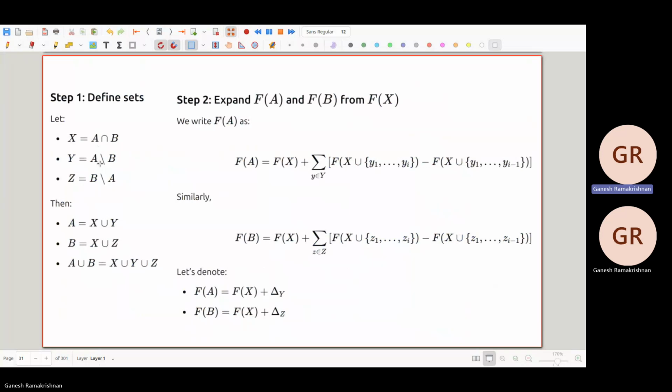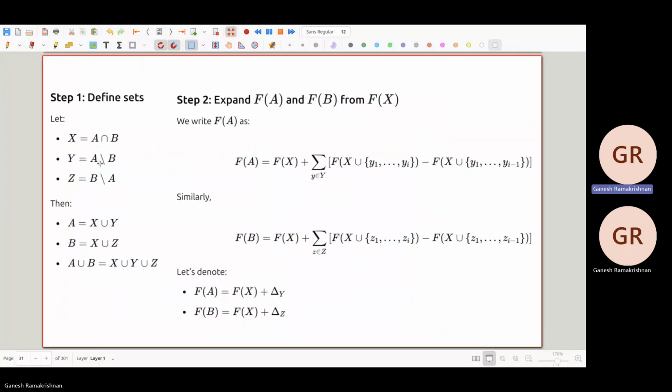So F of A, which is F of X union Y, is F of X union Y minus F of X union Y minus one of those elements Y1, plus F of X union Y minus Y1 minus F of X union Y minus Y1, Y2, and so on.